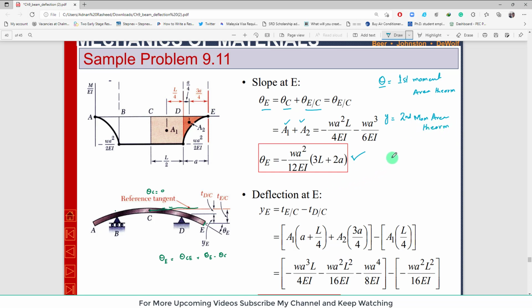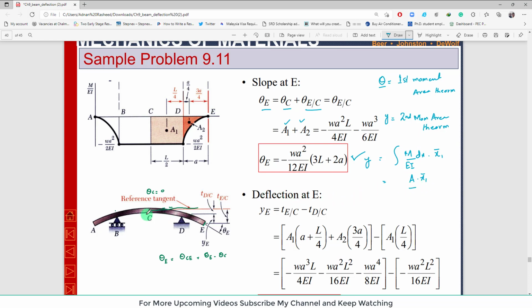According to the second moment area theorem, it is equal to the integral of M over EI into dx into x1 bar, clear, and x1 bar is the distance of its centroid from the vertical line. So this will be equal to the total deflection, and again this will be equal to area into x1 bar, the area under the M over EI diagram into x1 bar.